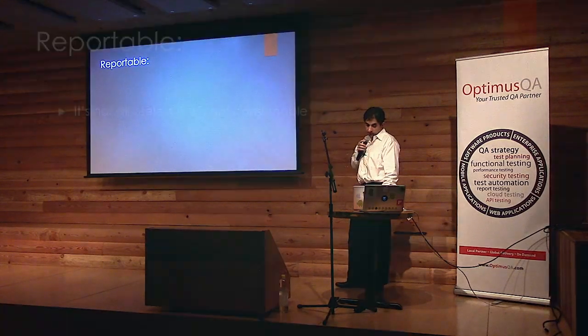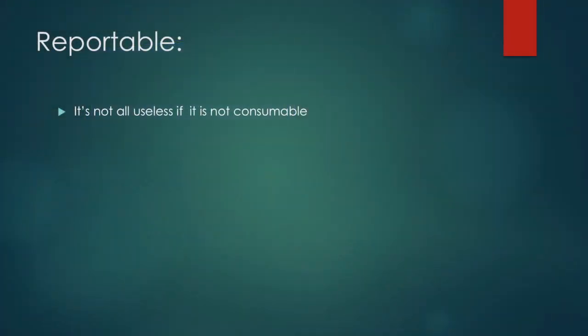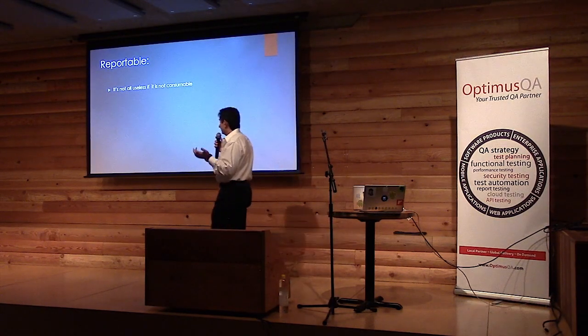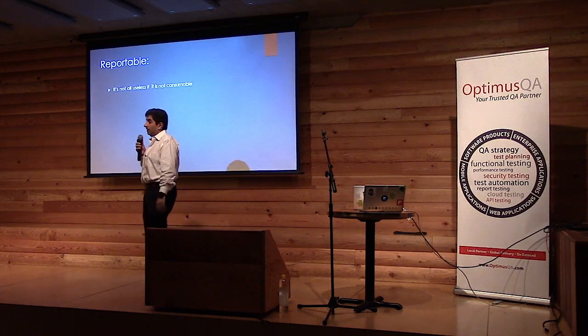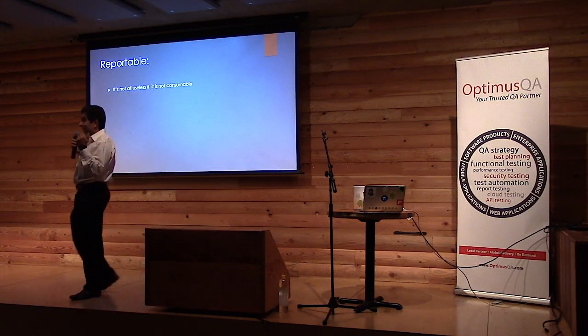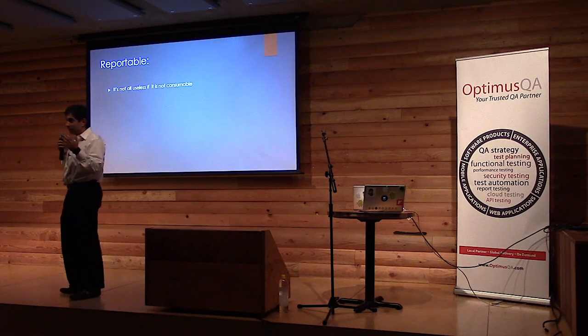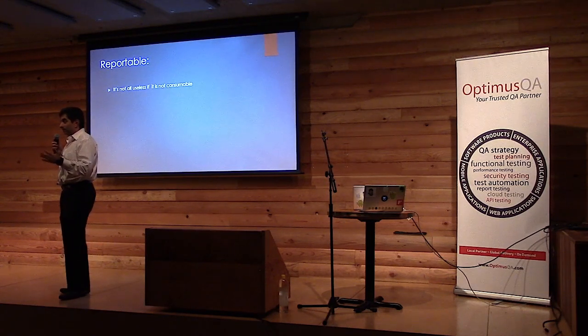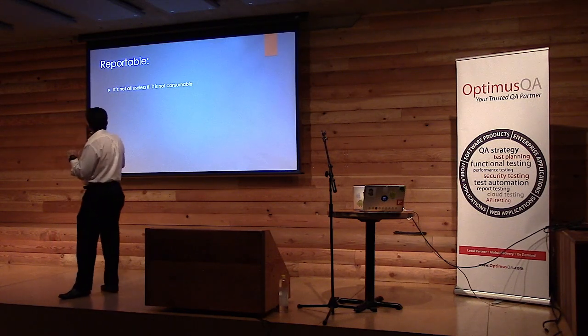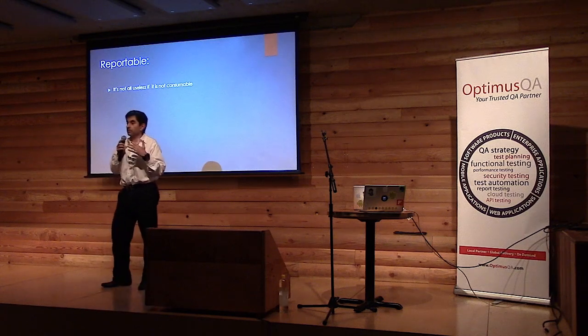Next part is reportable. Whatever we do, whatever you record, it has to be consumable, meaning your boss has got to understand it. It's got to be in terms of graphs and charts. And the best way to do that is to put it in a database. If you don't put this stuff in the database, you will not be able to get it.